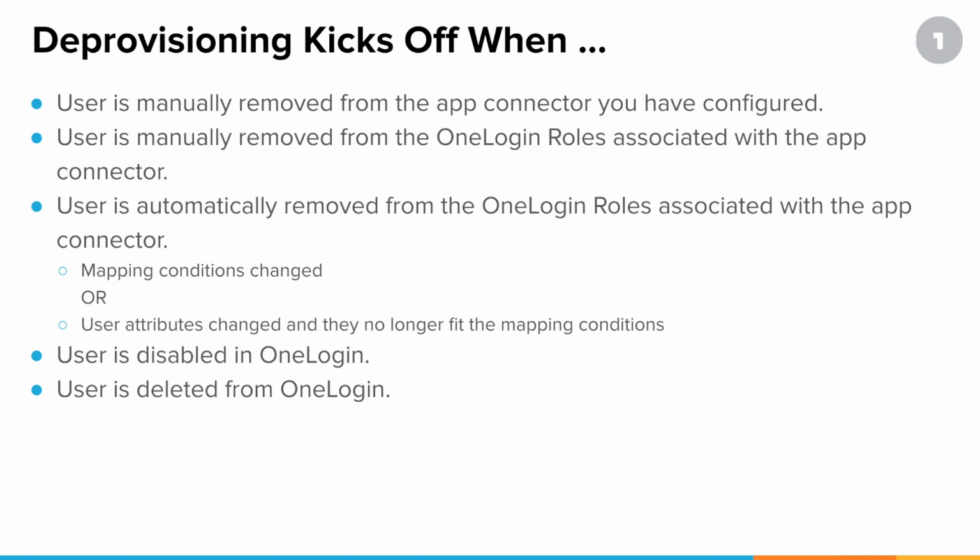So they're no longer part of the marketing department, so they're no longer assigned to the marketing role. That could remove them from the role and deprovision them from the apps that they are in. You can also trigger events such that the user gets disabled, which is part of deprovisioning, by disabling the user within OneLogin or even deleting them from within OneLogin.